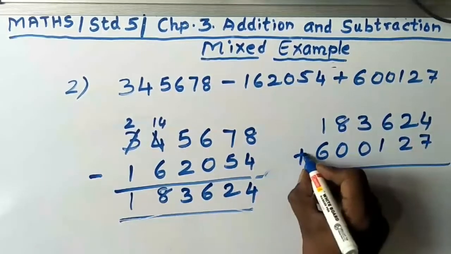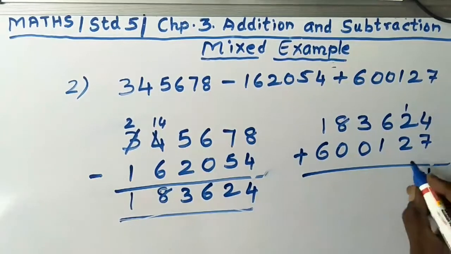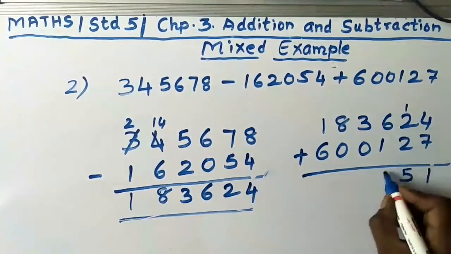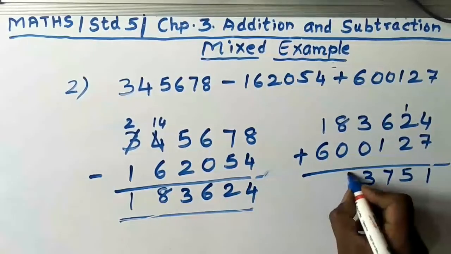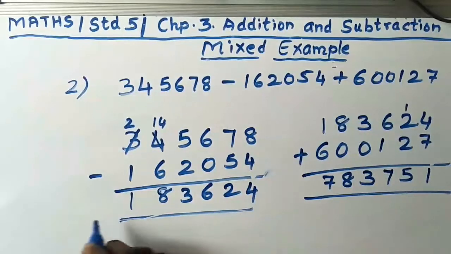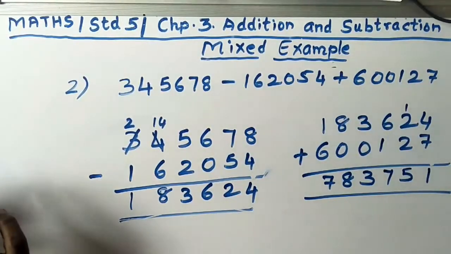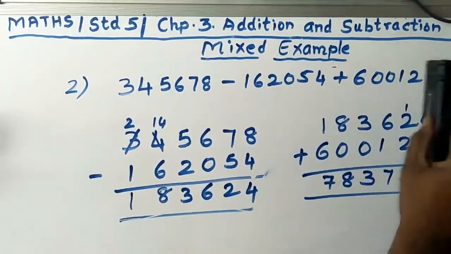You have to add it. 4 plus 7 is 11. 1 carry. 2 plus 2, 4, plus 1, 5. 6 plus 1, 7. 3 plus 0, 3. 8 plus 0, 8. 1 plus 6, 7. So in this way you have to do the mixed example. I think you understood how to solve the mixed example.